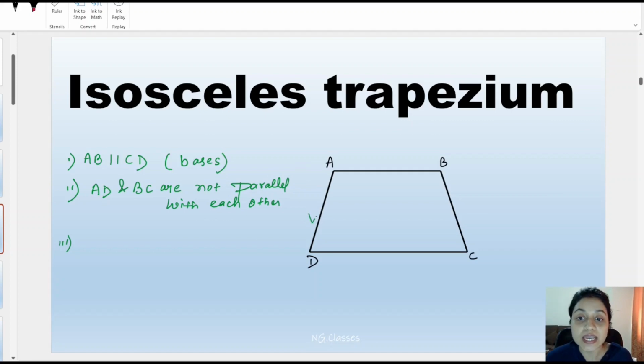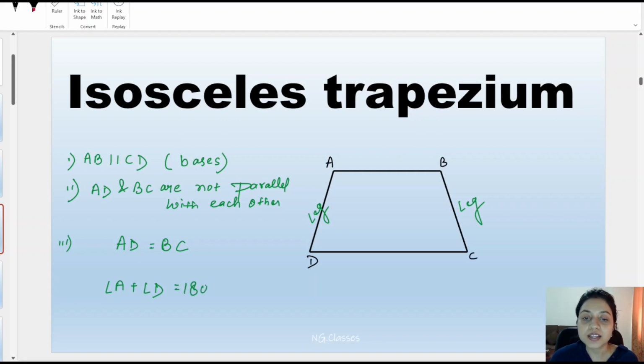So here AD and BC are the legs of the trapezium, so side AD will be equal to side BC. And as we know about the trapezium, angle A plus angle D is equal to 180 degrees. Similarly, angle B plus angle C is equal to 180 degrees. So these properties will be applicable for the isosceles trapezium as well.